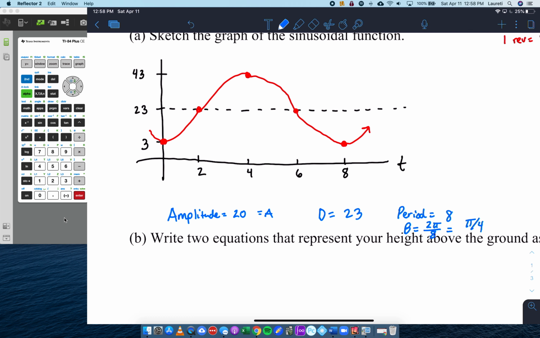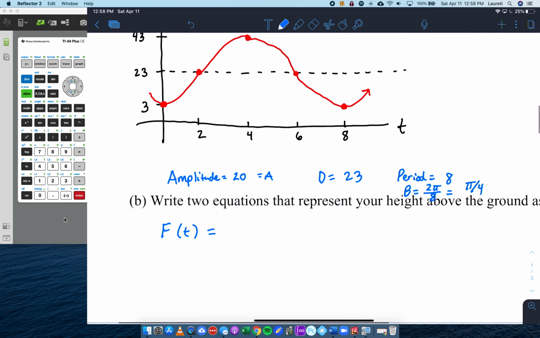So the first equation that I can do, we'll call this f of t for Ferris wheel. Because you're starting at the low point at (0, 3), this is a negative cosine. So it's negative 20 cosine of pi over 4 t, plus 23. That's referring to that point right there.